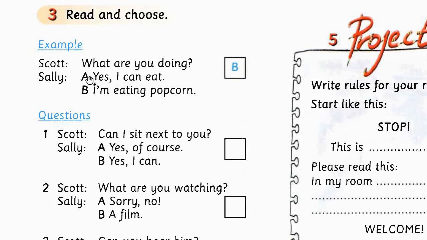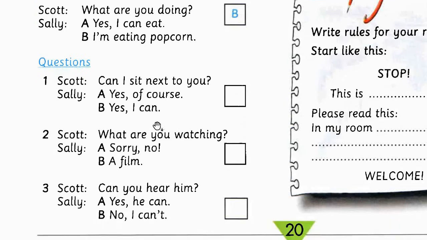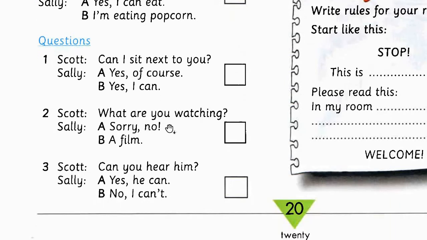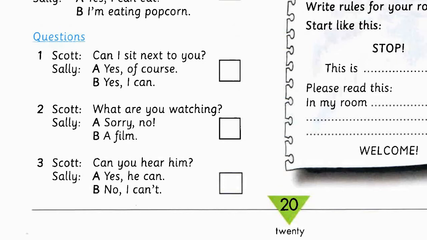Don't write this part. Just write the correct one. For number 2, can I sit next to you? Yes, of course. Write it. Again, number 3, what are you watching? A film. Write it. And the last one, can you hear him? No, I can't. Okay? Write the questions with the correct answers in your notebook.